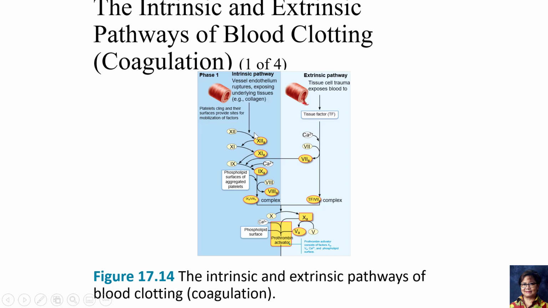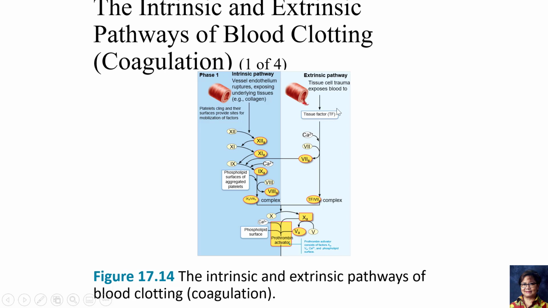It's just telling you that there is a cascade of mechanisms happening. Down the line, the end effect of the intrinsic pathway is the formation of a very important substance which you call the prothrombin activator.